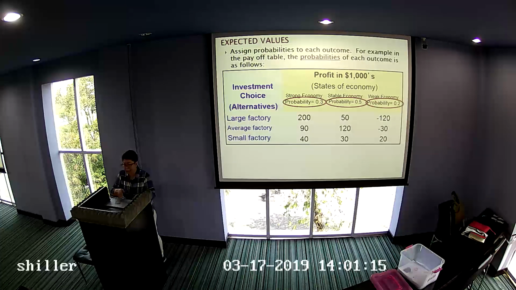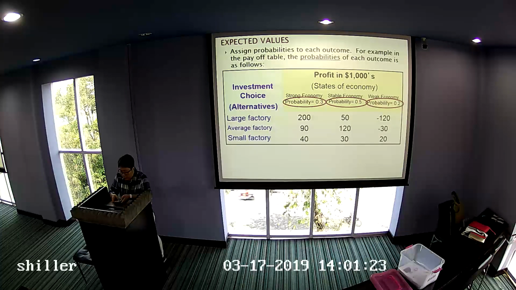Okay? So what does it say? There is a 0.3 probability that there is a strong economy. What else? There is a, how many percent probability? 50% probability if it's a stable economy, and a weak economy has a 0.2 probability.